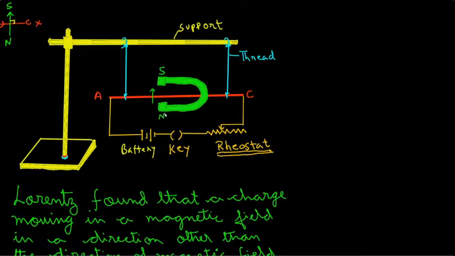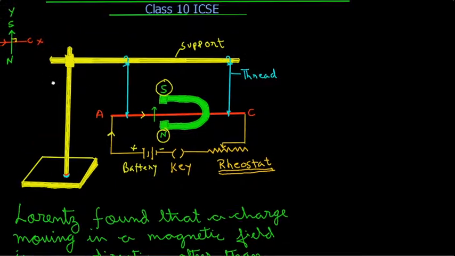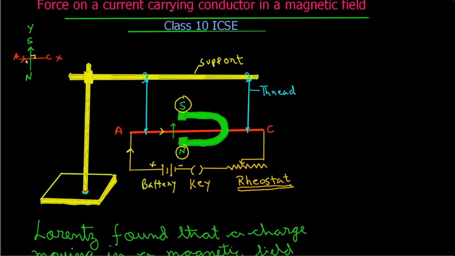You can see that the north pole of the magnet is on this side and the south pole of the magnet is on the top side, which means my magnetic field is from the bottom of the page to the top of the page. This is the positive terminal and this is the negative terminal, which means my current is going to flow from A to C. The direction of current, shown in red, and the direction of magnetic field are perpendicular to each other.